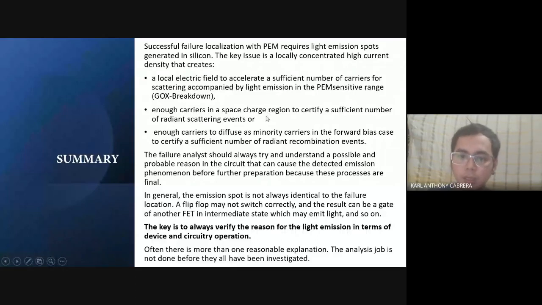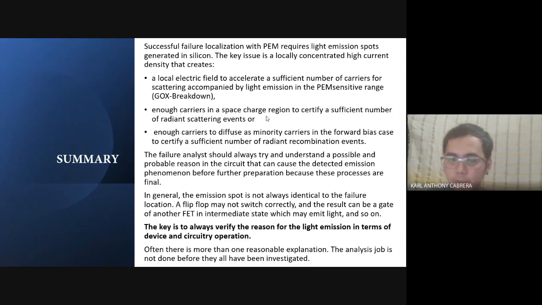The failure analyst should always try and understand a possible and probable reason in the circuit that can cause the detected emission phenomenon before further preparation, because these processes are final. In general, the emission spot is not always identical to the failure location.